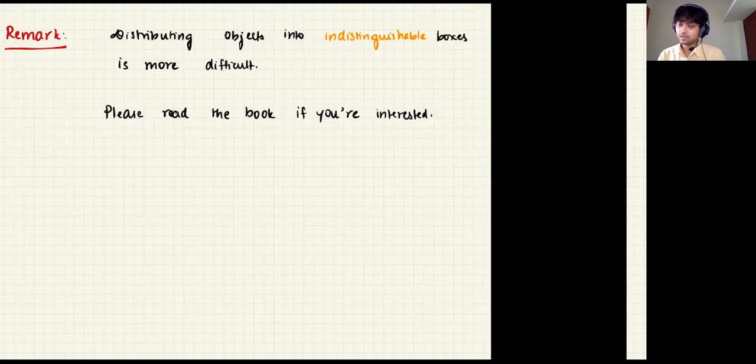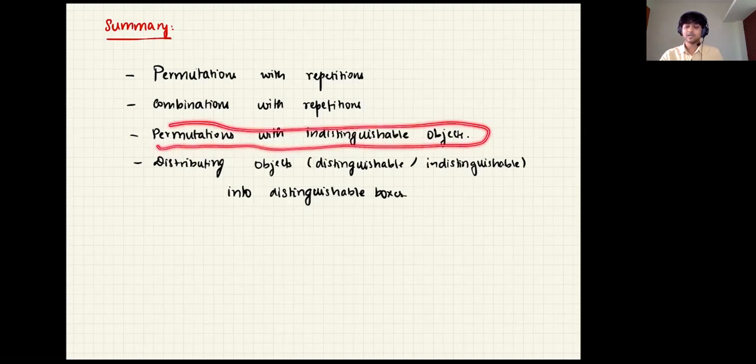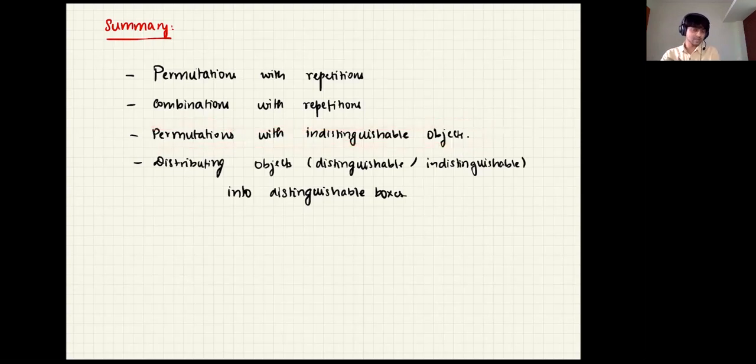Actually I'm done for the day, to make up for the too long first two lectures. Just to summarize what we have seen in this class: permutations with repetitions and combinations with repetitions. Remember that table: if repetition is allowed, if repetition is not allowed. Then the next thing we saw was permuting some total number of objects where some of them are identical.